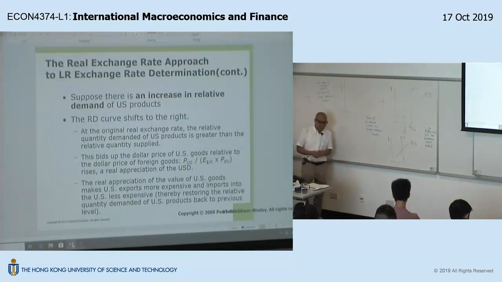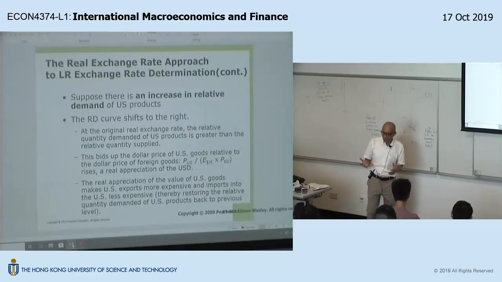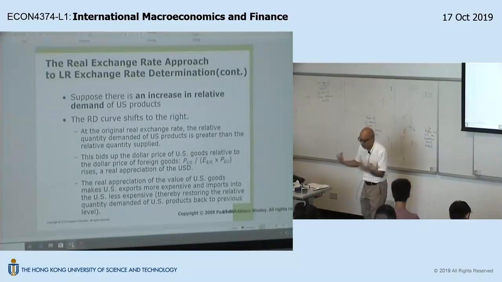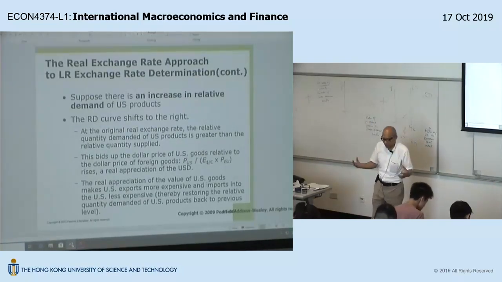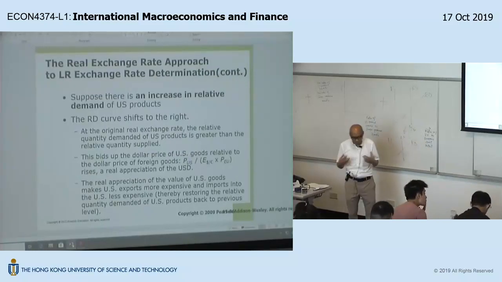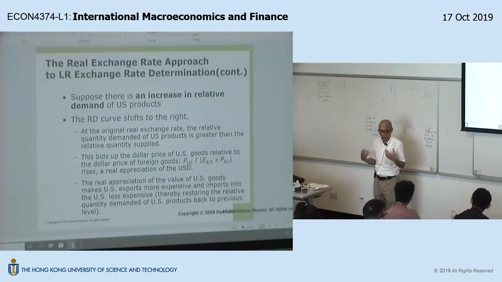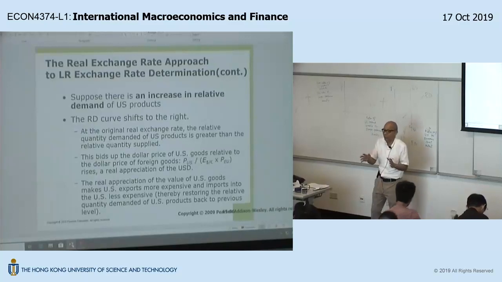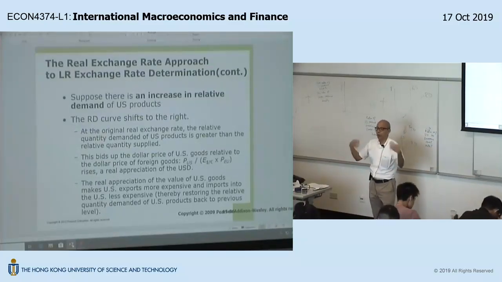In the long run, if Chinese goods become higher quality and people all over the world would like to consume more Chinese goods, then the real exchange rate of the RMB will appreciate.